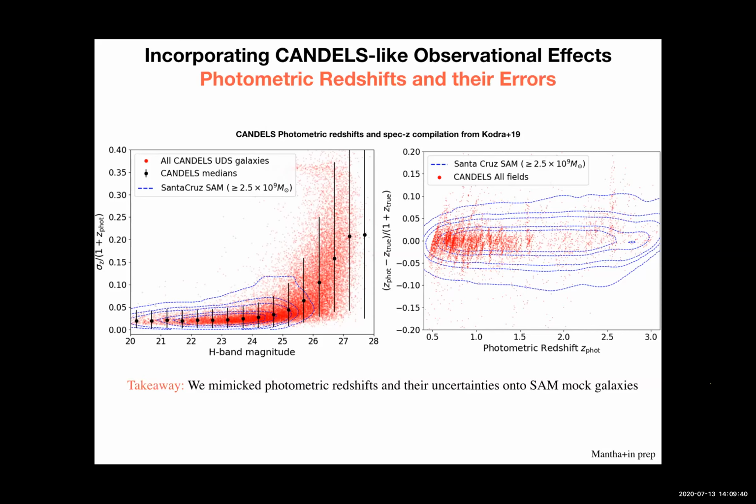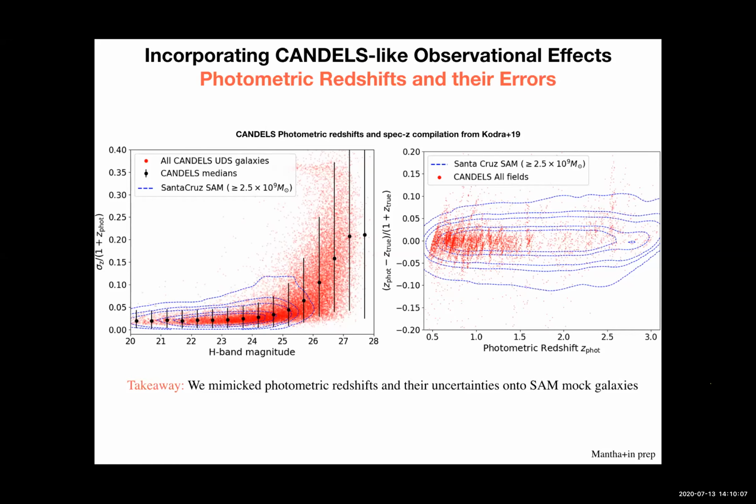In this plot, I'm showing the CANDELS photometric redshift error distribution as a function of H-band magnitude on the x-axis. I assign a photometric redshift error for each galaxy in the SAM, and then I resample a photometric redshift from the PDF centered at the true redshift of the galaxy and the uncertainty that we just assigned for the SAM's galaxies using the CANDELS statistical distribution.